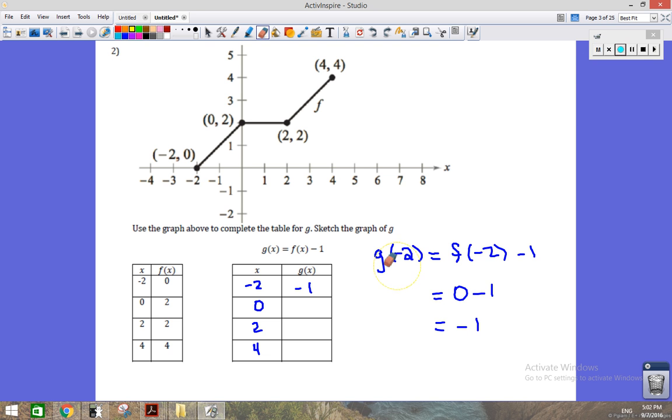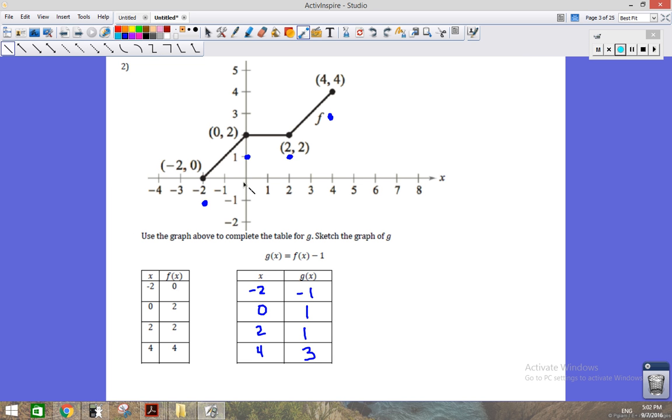I'm not going to do that for each of these because I've already recognized the pattern, and it's quicker just to say 2 minus 1 is 1, 2 minus 1 is 1, 4 minus 1 is 3. So now let's plot these points. -2, -1 is here, 0, 1 is here, 2, 1, roughly right there, 4, 3 is here.